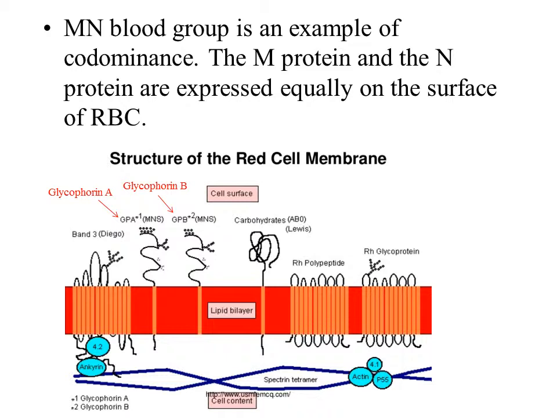If we look at the red blood cell membrane in the picture provided below, you notice that you have a glycophorin A protein and a glycophorin B protein. An individual can express just glycophorin A, just glycophorin B, or both. Each protein is going to affect the body in its own distinguishable way.